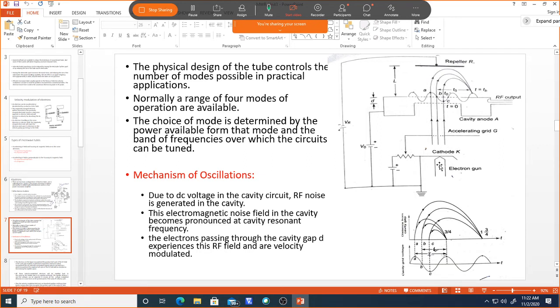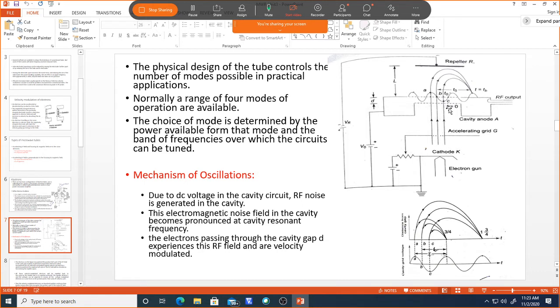Similarly, if electron B, coming from this cathode, experiences zero RF field, we can see here it has a zero field, and it will travel with the same velocity with which it came from this cathode. And when you take electron C, it experiences the negative RF field and it will decelerate, that means its velocity will reduce.